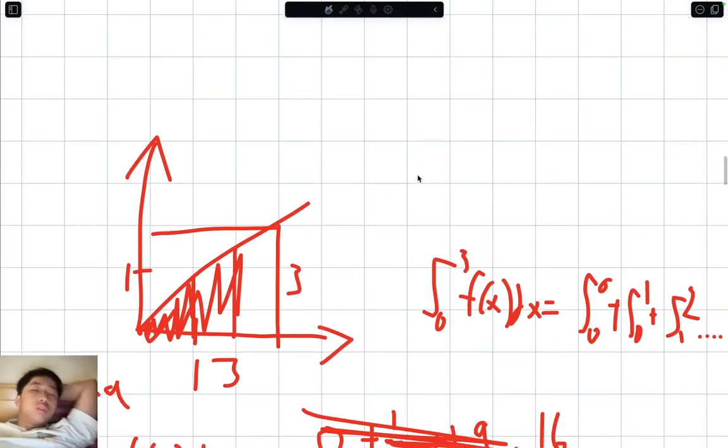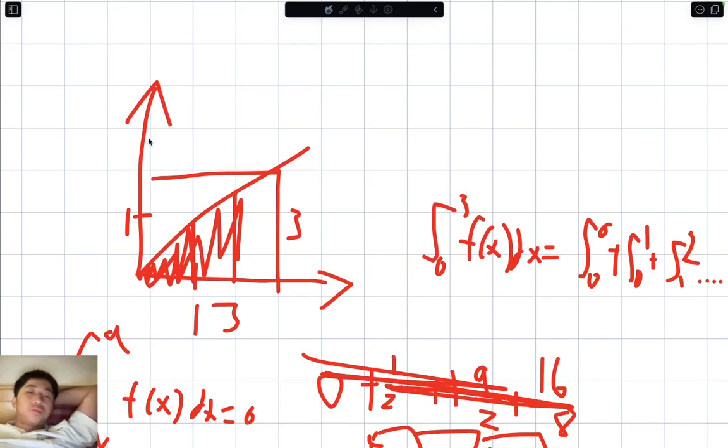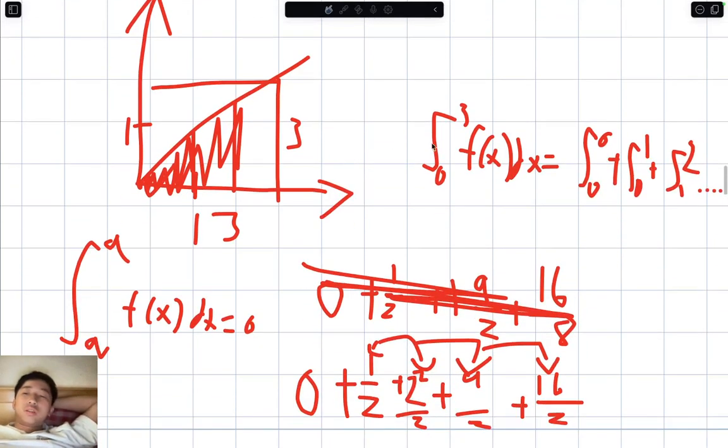Yes. Okay, so for this graph here, again, it's y equals x.